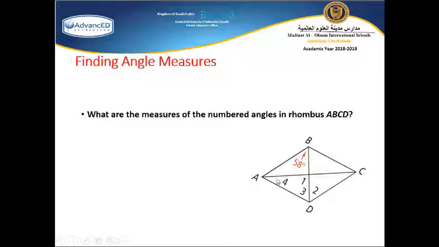Since ABCD is a rhombus, the two diagonals AC and BD are perpendicular, making right angles. And the two diagonals bisect the opposite angles. That means angle 3 and angle 2 are congruent.